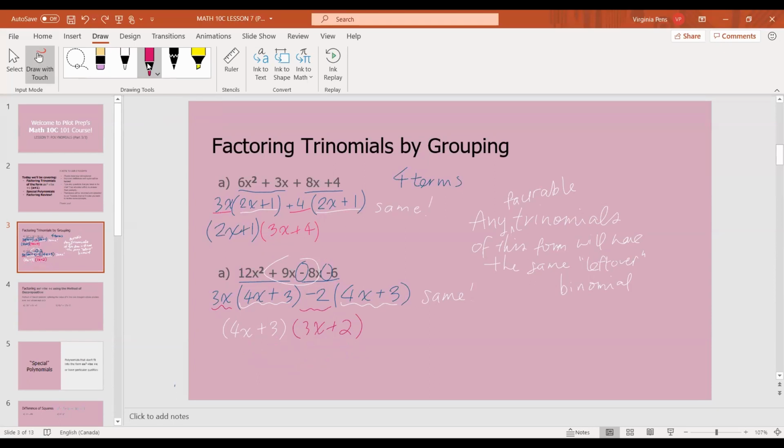So let's go with the method of FOIL first. 4x times 3x is equal to 12x squared. Outside, so 4x times 2 is equal to 8x. And then inside, 3 times 3x is equal to 9x. And then last, 3 times 2 is equal to 6.